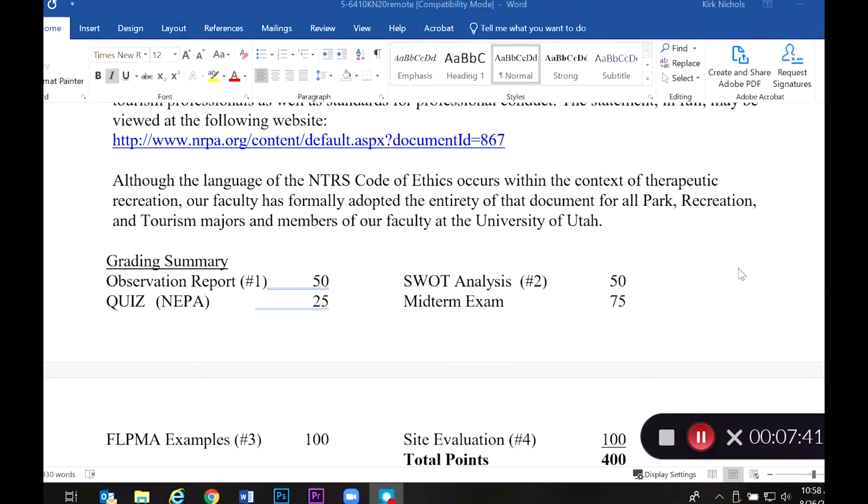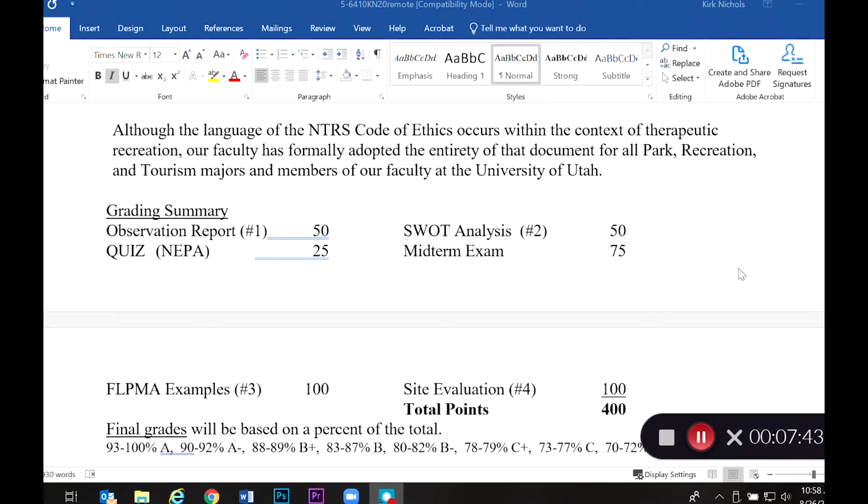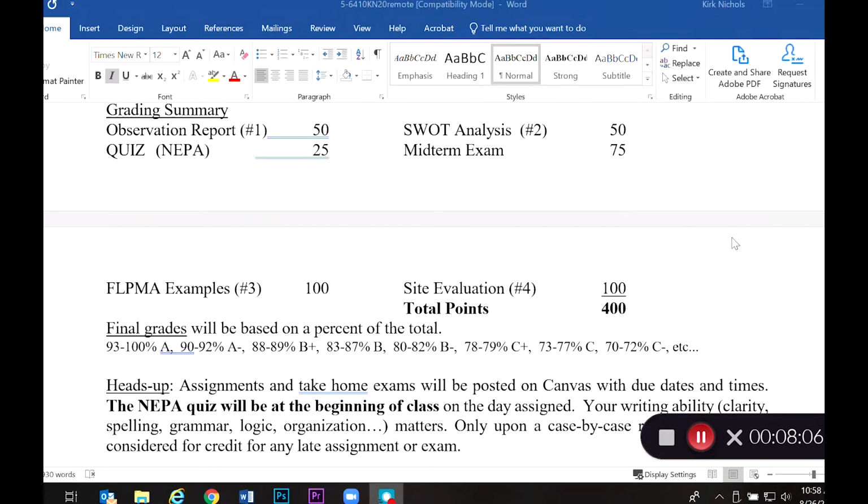Okay, I've slid farther down on the syllabus. Looking at grading, you've got an observation report. You've got a SWOT analysis that's independent of the one we do in class on the field. So the one we do together is pretty much just training for doing it on your own in another place. The NEPA quiz I've already mentioned, the midterm is take home, so I've mentioned that.